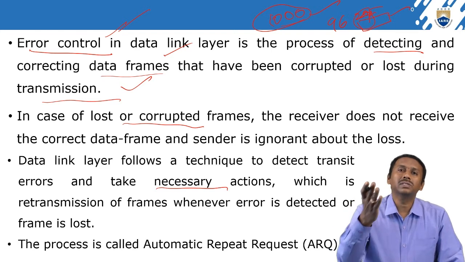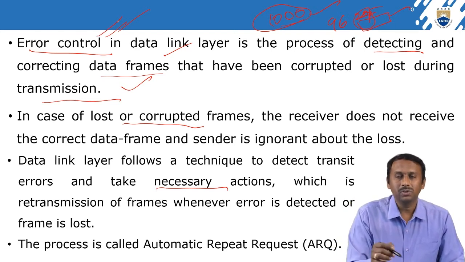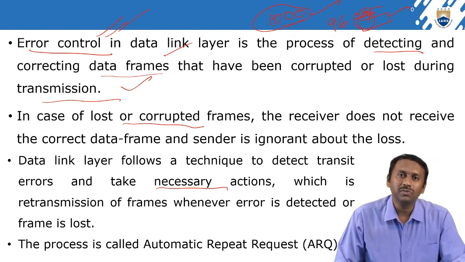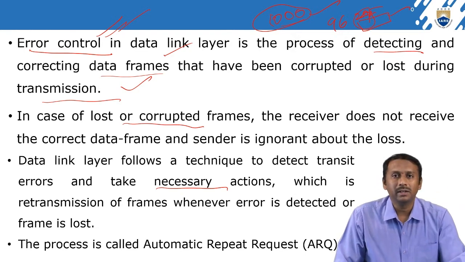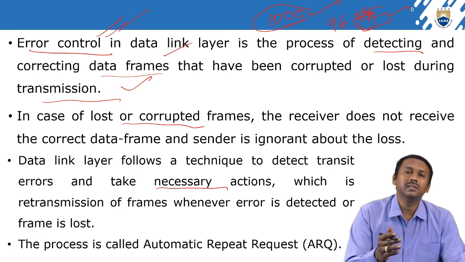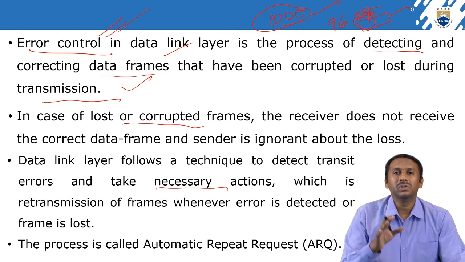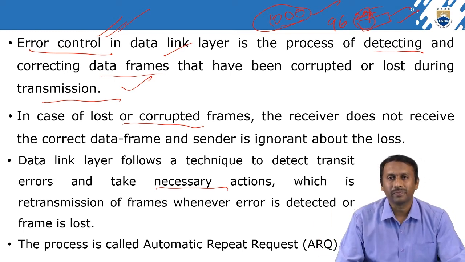That message has to be received by the sender. So the error control mechanism identifies the lost or corrupted frame and sends the corrupted frame details back to the sender. Then the sender will resend the corrupted frame only, and the data will reach the receiver successfully.